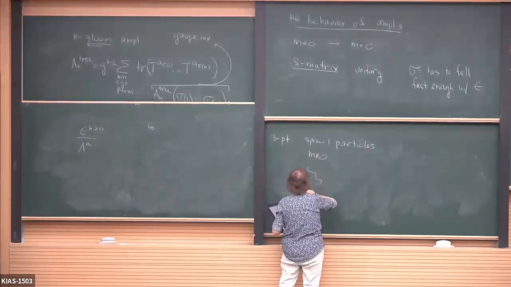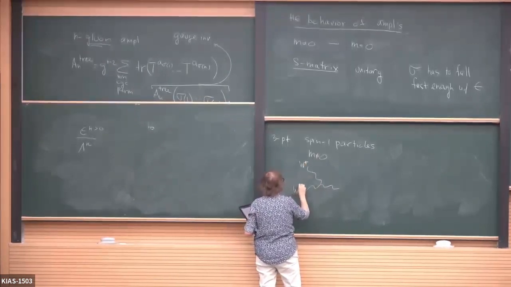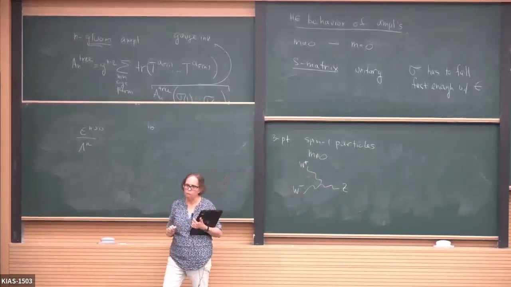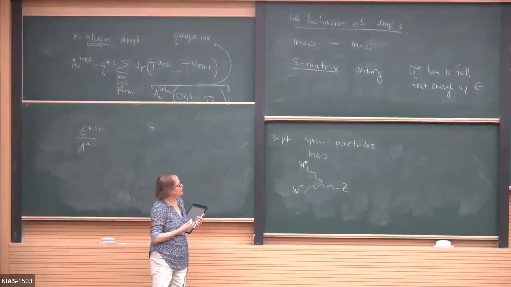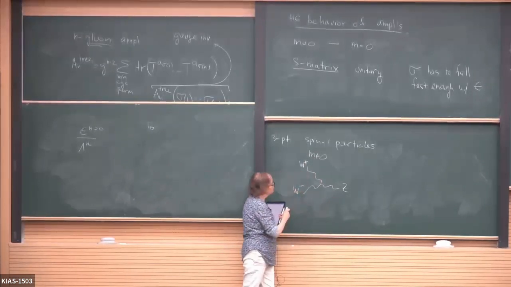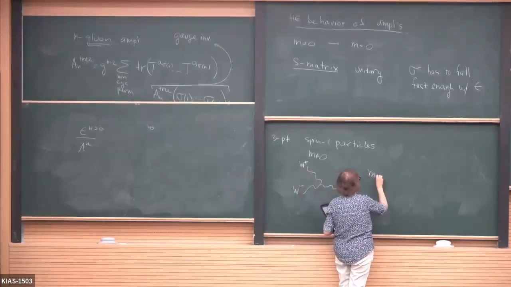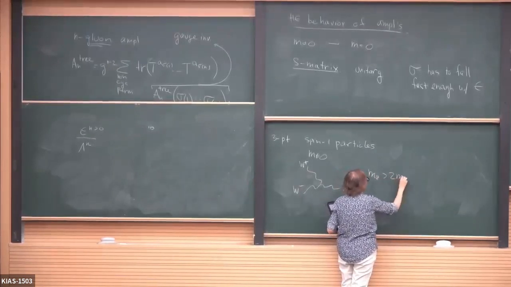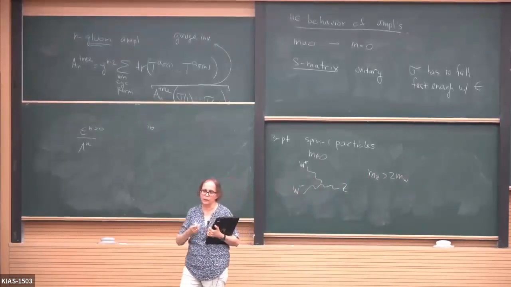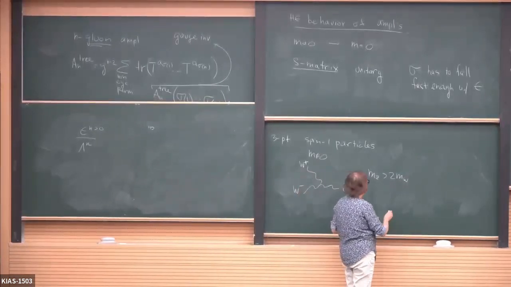I can write down a coupling of a W plus, W minus, and a Z. And in this case, it's even something that I could analytically continue to something that's physical if I imagine that the Z mass is larger than 2 times the W mass, then this would even be a physical amplitude. So I can write this in this limit, and then, of course, take the masses to be what they really are.